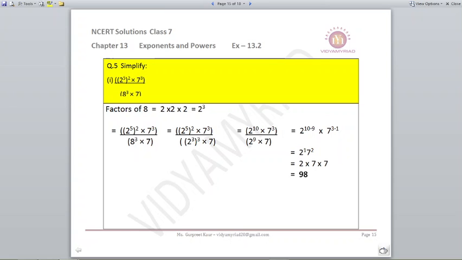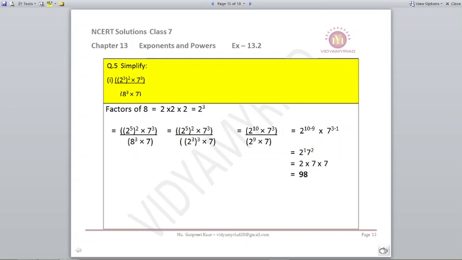And numerator, let us see, 2 raised to power 5, the whole 2 means 5 multiplied by 2, that is 2 raised to power 10, multiplied by 7 raised to power 3, divided by, now 2 raised to power 3, the whole 3 means 3 into 3, 9. 2 raised to power 9 multiplied by 7.